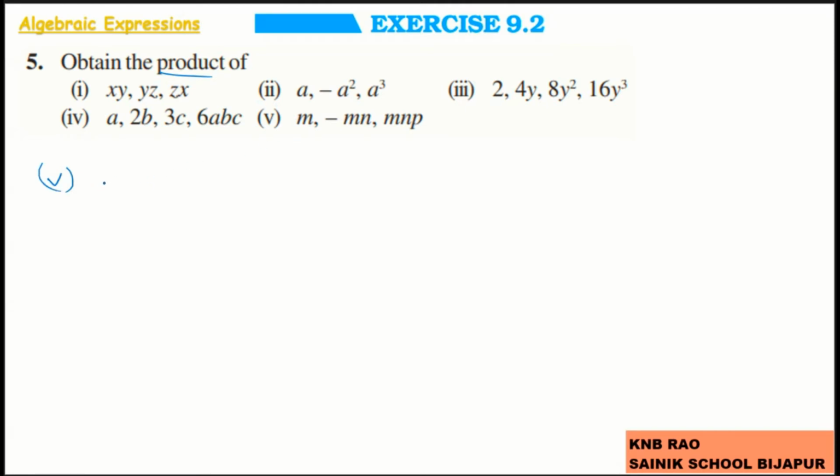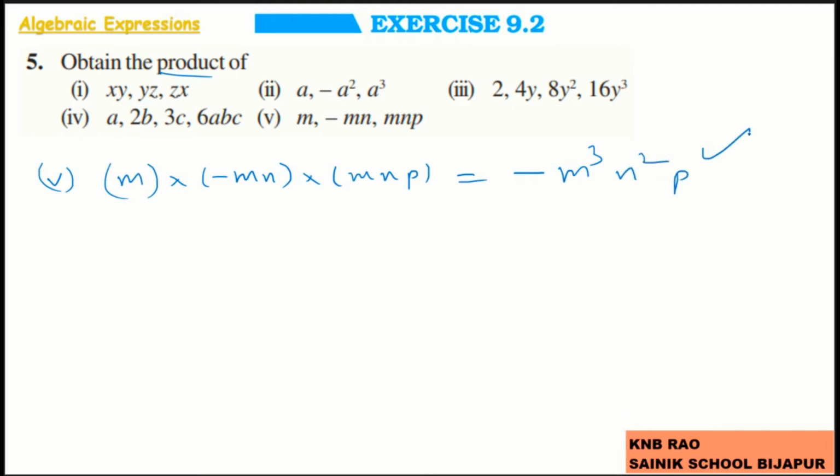In the 5th product, m into minus mn into mnp, where positive into negative gives me negative, m into m into m cube, n into n square, and p will be the result.